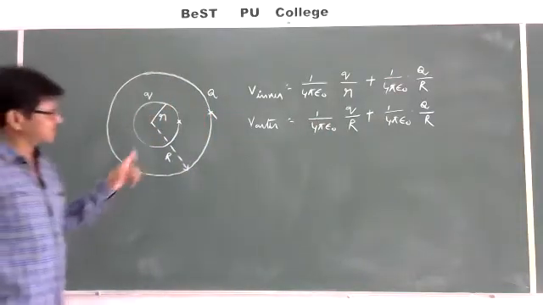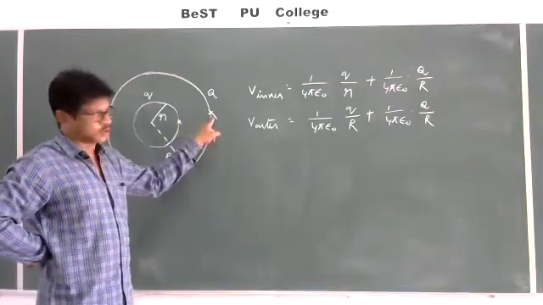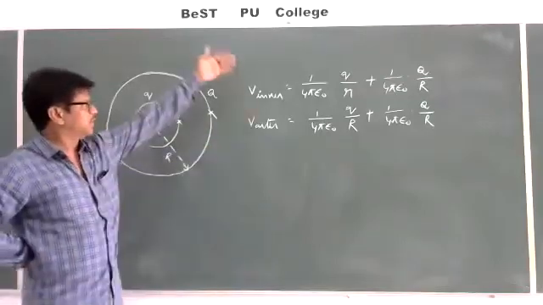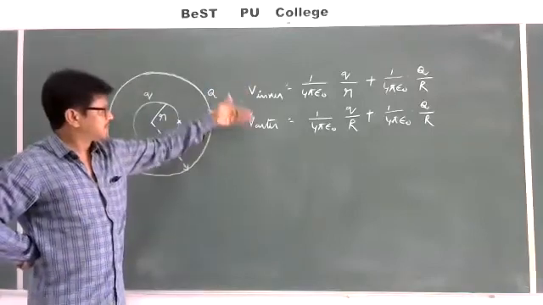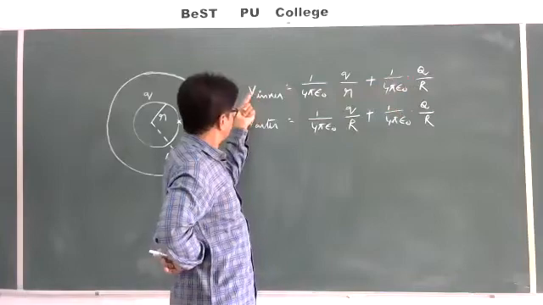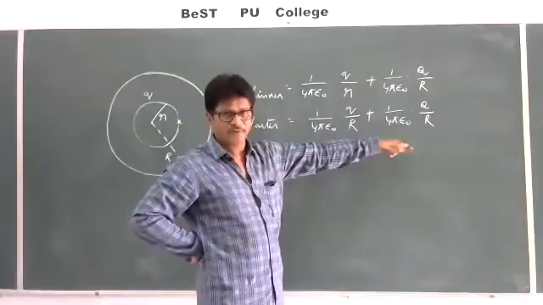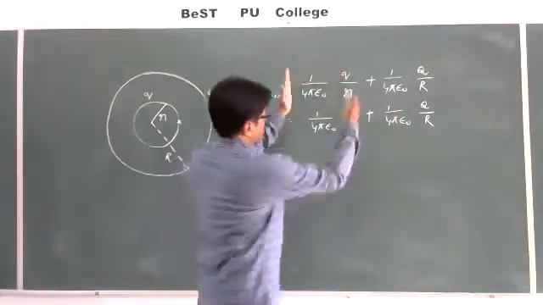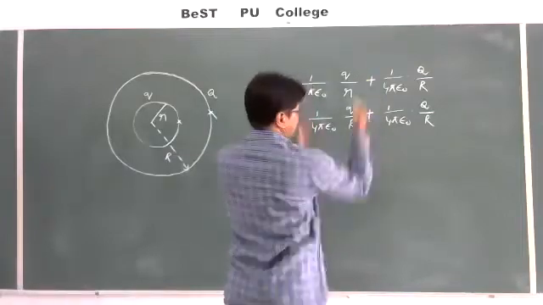But he is not asking us to find the potential of the inner sphere or the potential of the outer sphere. He is asking the potential difference. So potential difference we can get as bigger minus smaller. If you take the subtraction, this will be cancelled. Either you go with inner minus outer or outer minus inner, this will be cancelled. But always we have to take bigger minus smaller. This is the only criterion now. Among these two, which one is bigger and which one is smaller?